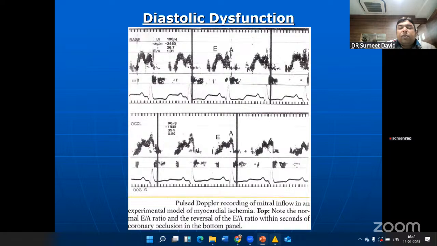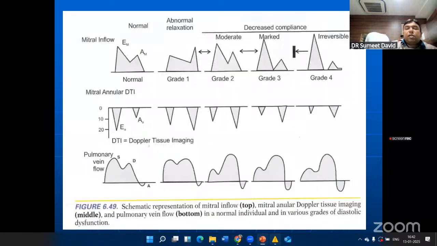A similar thing we see in tissue Doppler imaging. The E dash will be larger than A dash, below the baseline. But if A dash becomes larger than E dash, then it means diastolic dysfunction. So this is what the graph shows.